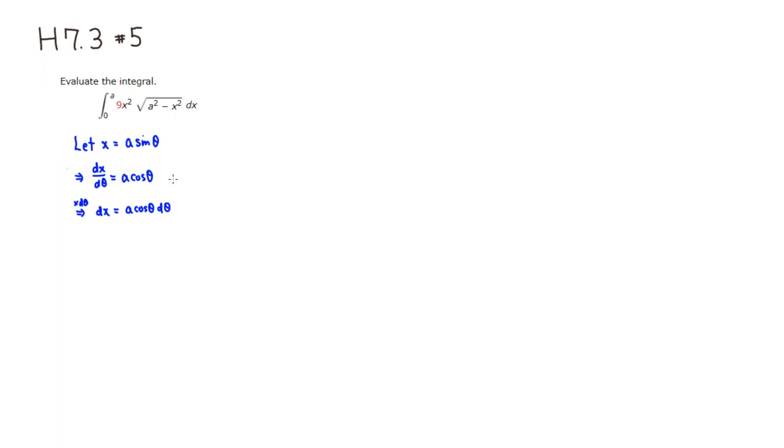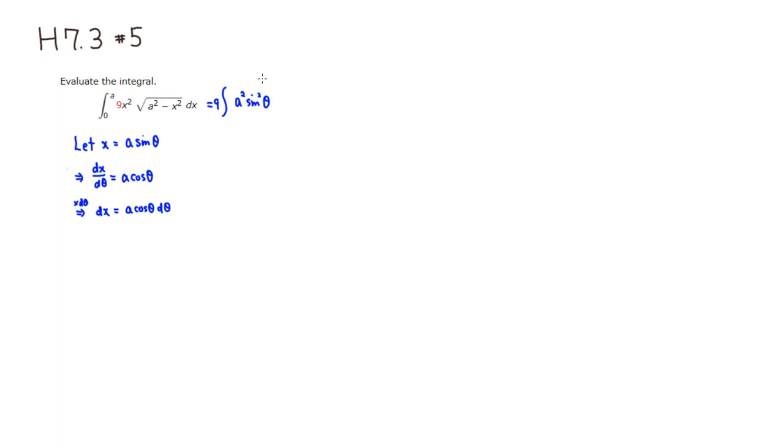So this can be rewritten as an integral. Since 9 is just a constant, I'll place it in front. Actually, this is going to be a squared, so I'll probably put it inside. So we have a squared sine squared of theta.